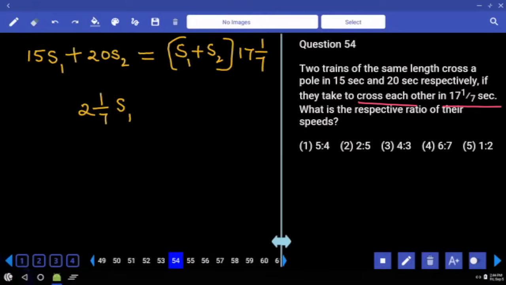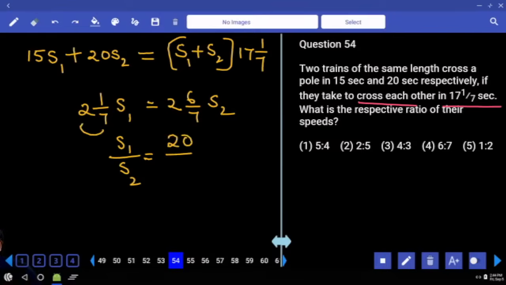2 1/7 S1. 20 minus 17 1/7 is 2 6/7 S2. We were asked to calculate speed ratio S1 by S2. Anyway, denominator gets cancelled, right? You don't have to bother about it. Right hand side, 7 into 2 plus 6, 20 by 7; left, 7 into 2 plus 1, 15 by 7. Ratio 4:3.